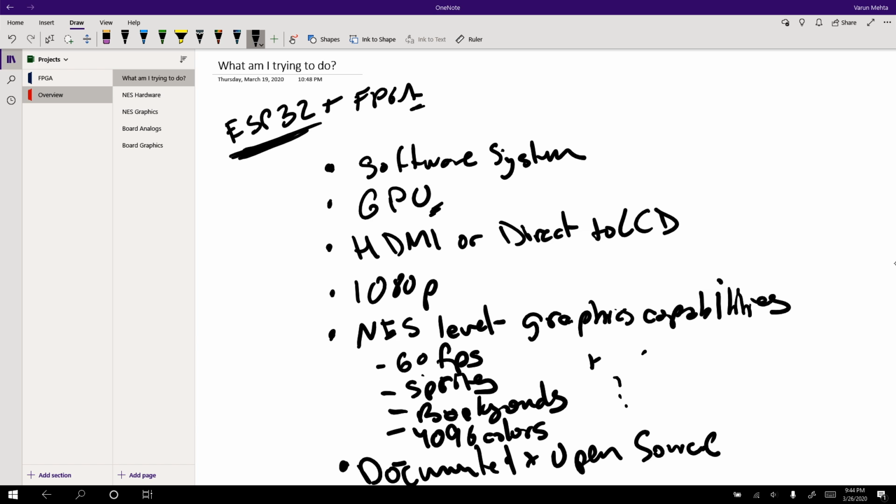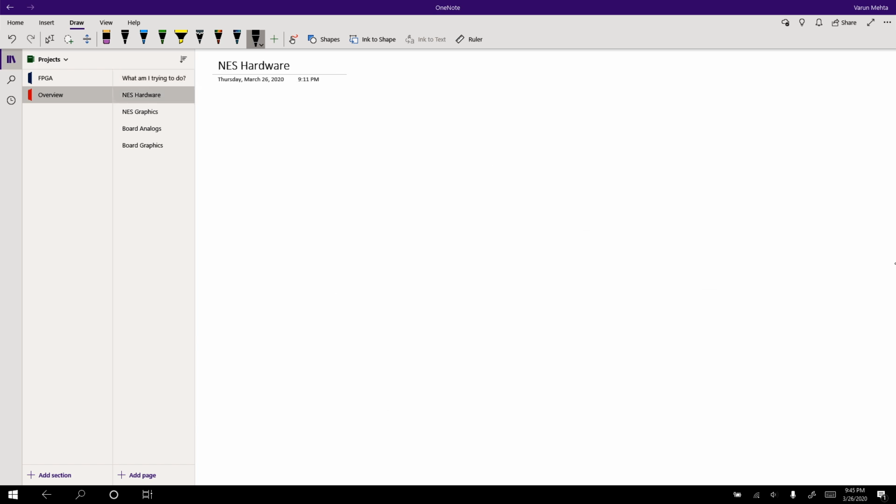So something I realized I wanted to talk a little bit about, and by no means will this be a complete, exhaustive, or even necessarily informative view of how this works, is the NES hardware that I'm drawing inspiration from, specifically the NES graphics system in a little bit more detail.